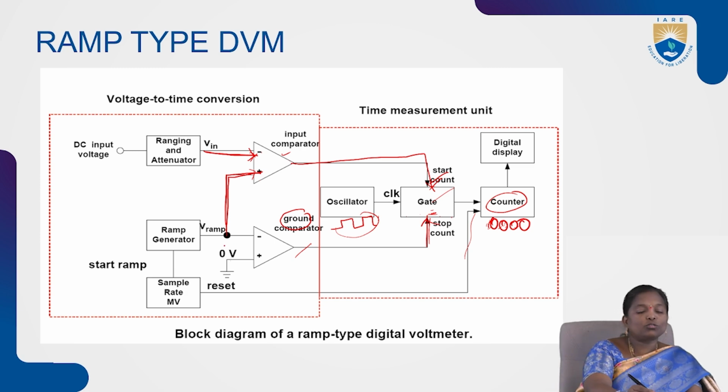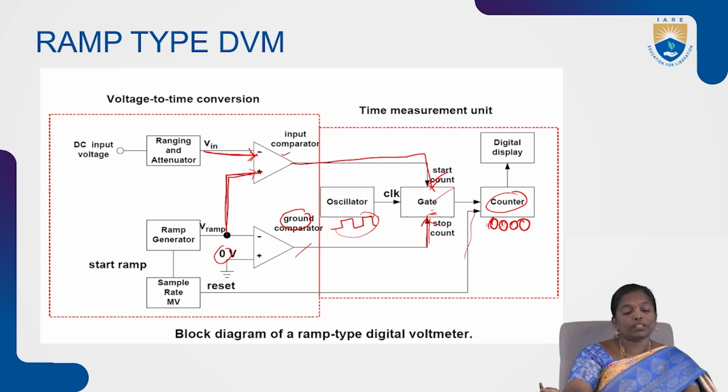Whenever the ramp signal reaches 0 volts, the ground comparator will start action and it sends the signal to stop the gate, or stop sending the clock pulses. As the gate is closed, the oscillator stops sending the clock pulses.